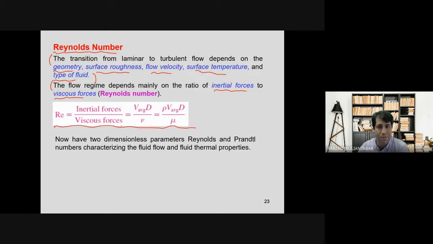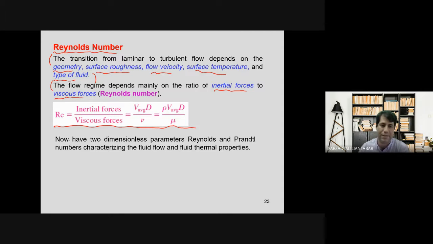The Reynolds number will determine if the fluid flow is laminar, turbulent, or even in transition. Later we will see that we have specific values for the Reynolds number. Higher than that will be turbulent. Lower than that will be laminar or even transitional.